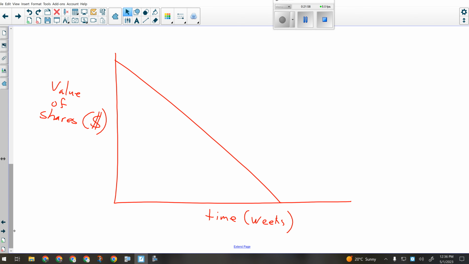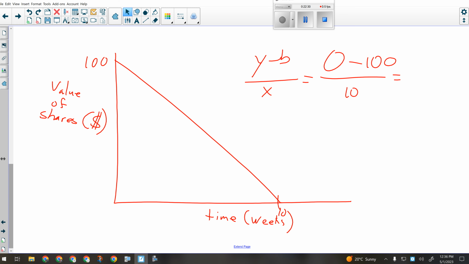Okay, what did we say was happening to the value of those shares? It's going down. Would that tell me the rate at which those shares are going down? In dollars per week. Because if I calculate the slope of this line, y minus b over x, I'm going to have 0 minus whatever this is, let's say it was $100. 0 minus 100, and let's say this was 10 weeks.